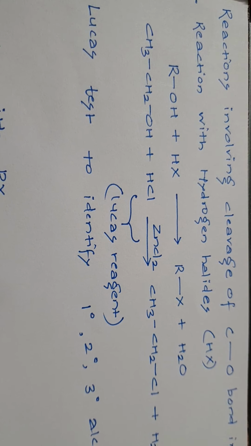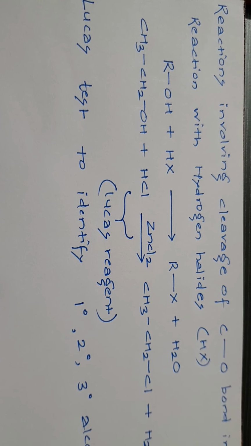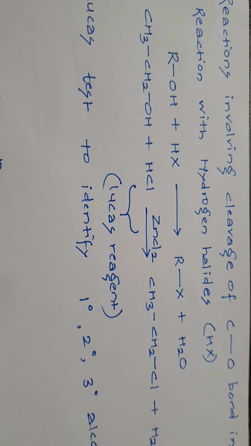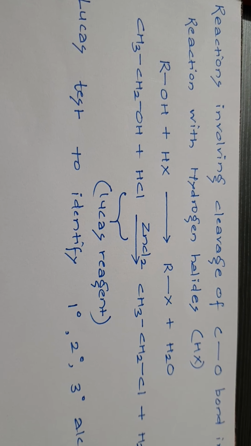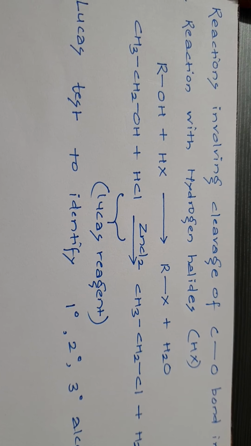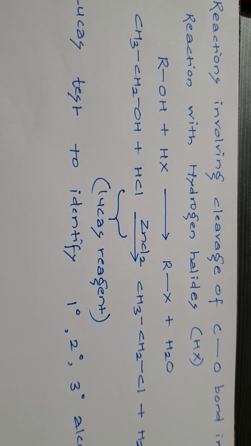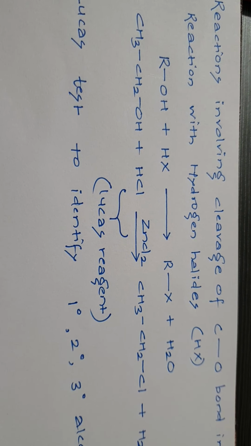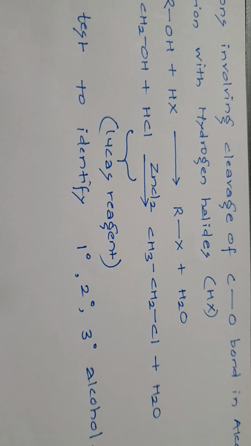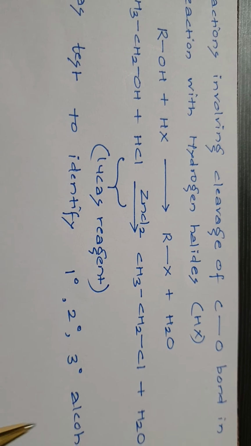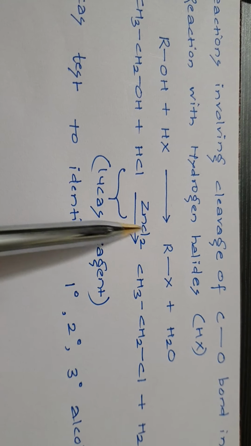If you can recollect, when we studied the preparation of haloalkanes by making use of this Lucas reagent, we said that tertiary alcohols are more reactive than secondary, than primary. The primary ones require higher temperature in order to form the haloalkanes.